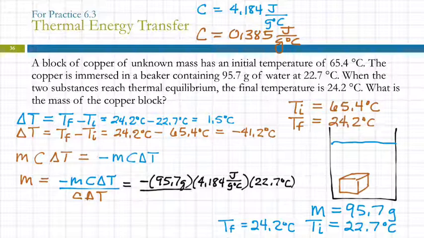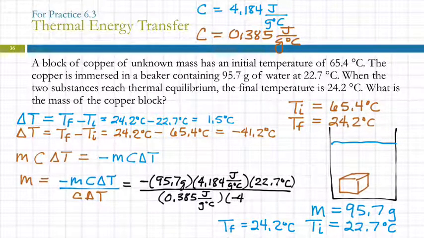And then I have to divide all of that by the specific heat capacity of copper, 0.385 joules per gram degrees Celsius, and the change in temperature for the copper, which is negative 41.2 degrees Celsius. You can't just ignore that negative. There's a negative here, and there's a negative down there, and they're going to take care of each other because we can't have a negative mass. If you come up with negative mass, then something went wrong in your calculation.